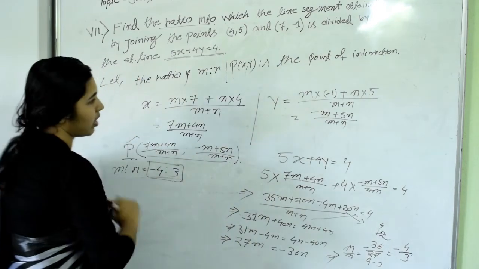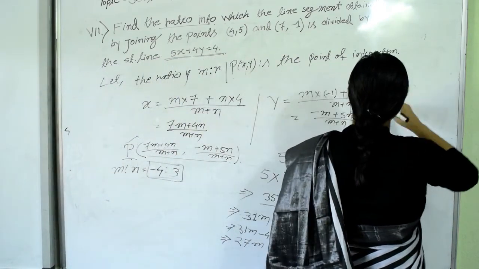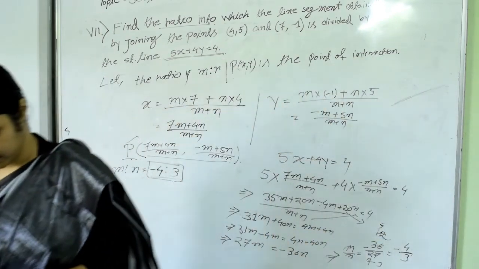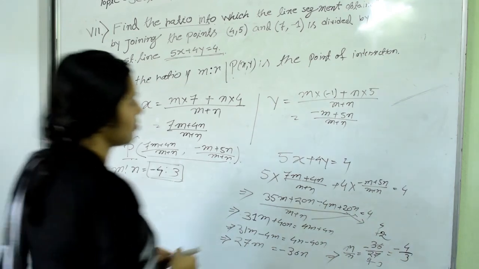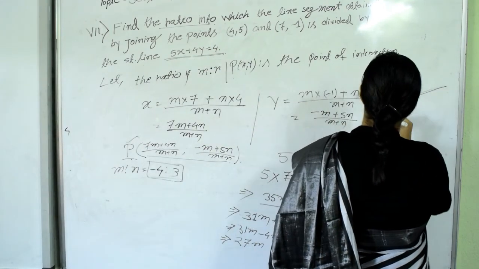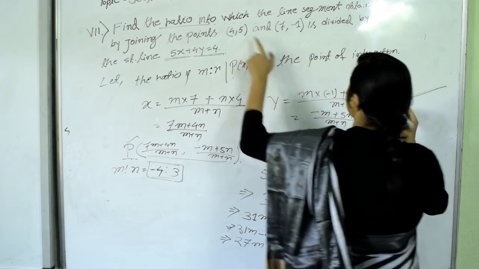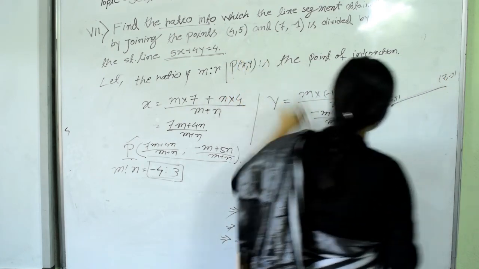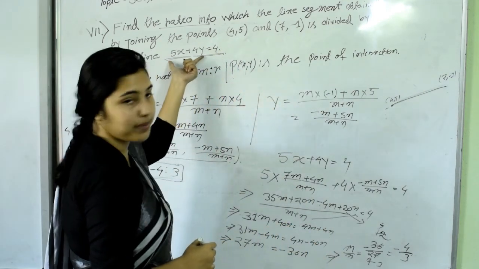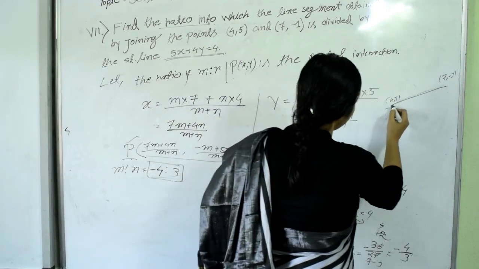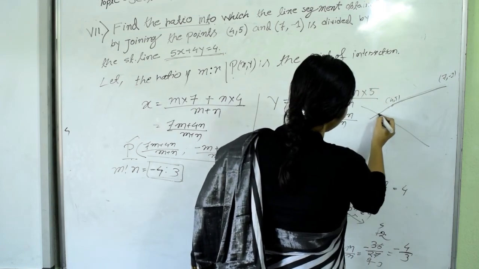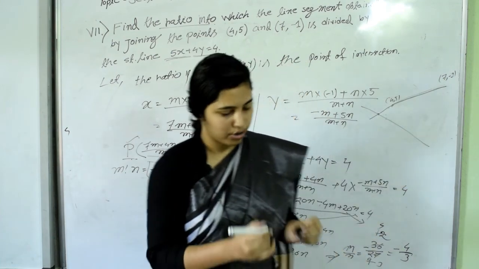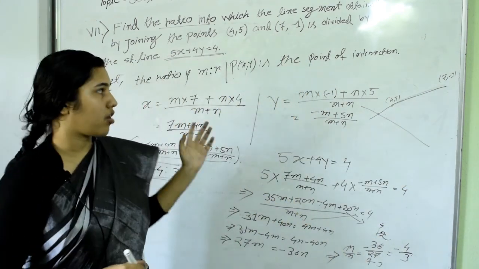Which means if these are the 2 points (4, 5) and (7, -1), then the straight line 5x + 4y = 4 divides this line segment externally, not in between these 2 points. Okay, is it clear?